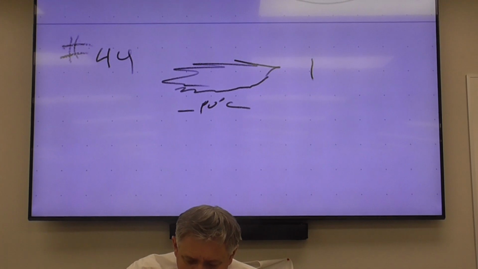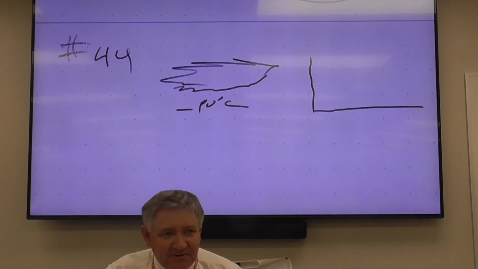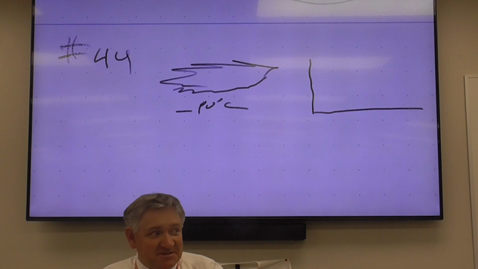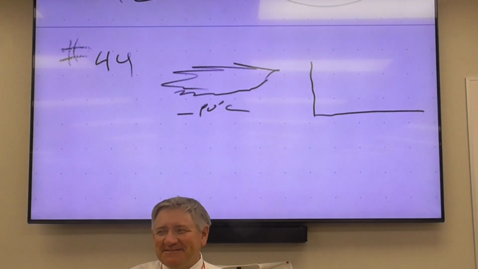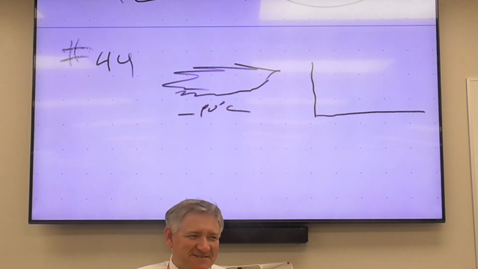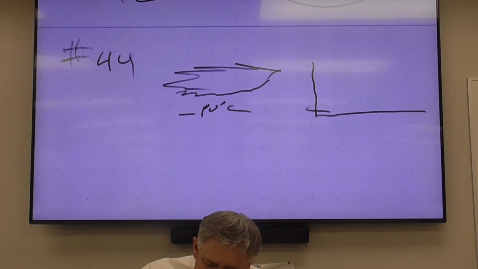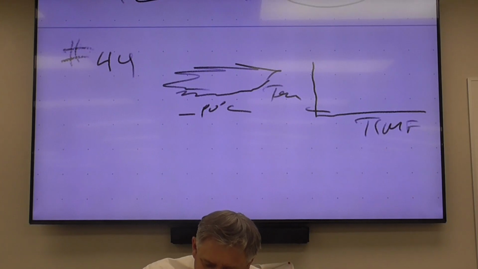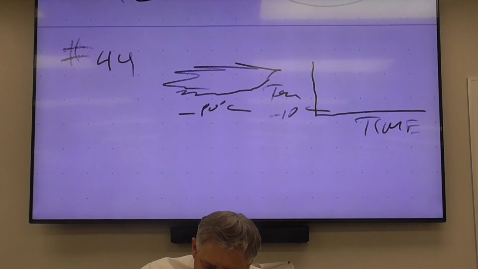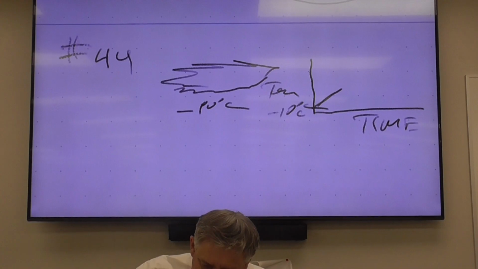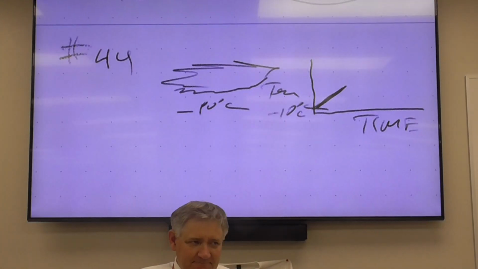If you remember back, way back in the day, right before Christmas, oh, the simple days of physics. We talked about a temperature versus time graph. We're starting here at minus 10 degrees Celsius, and we're going to dump energy into it, okay?